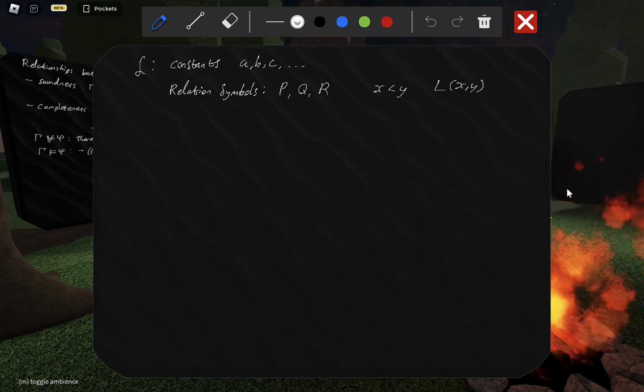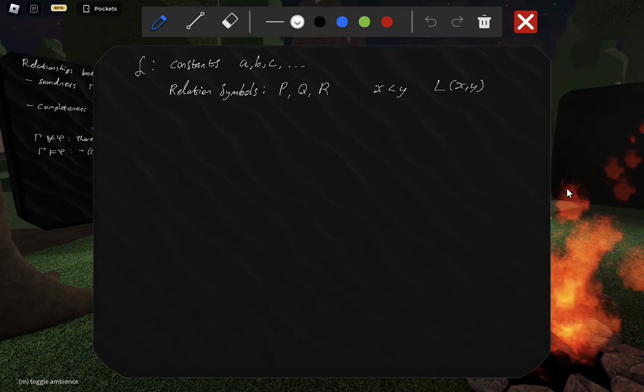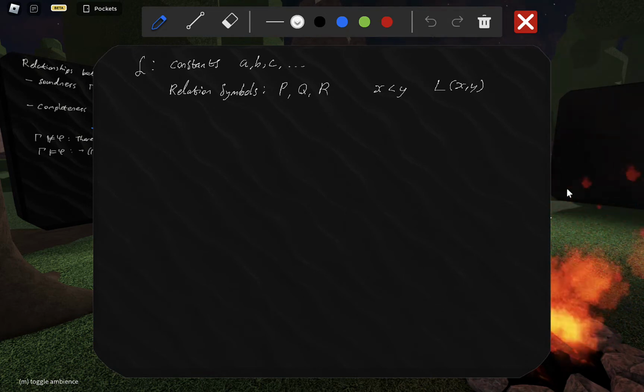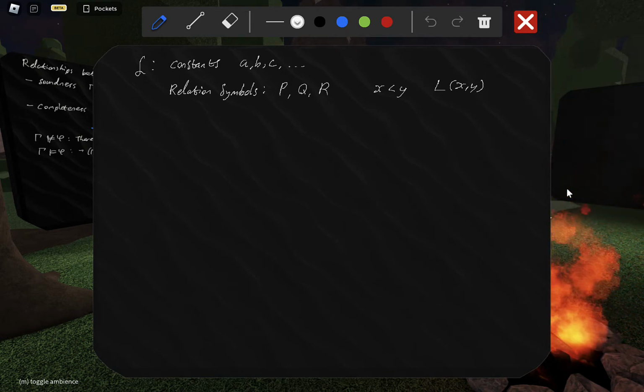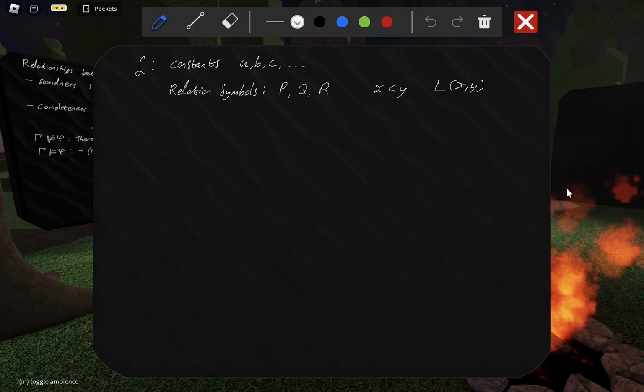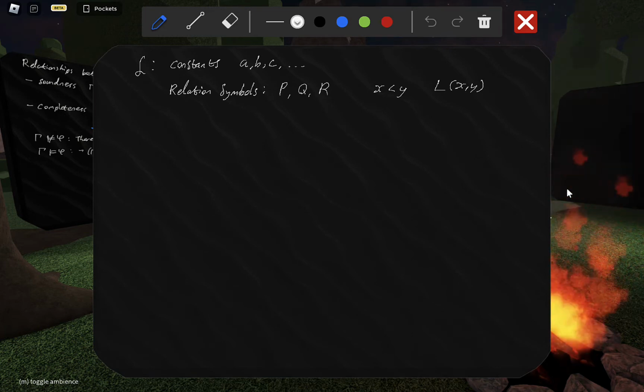In first order logic, you're fixing some usually small choice of predicates that express the relationships between objects that you're going to axiomatize with your first order theory.